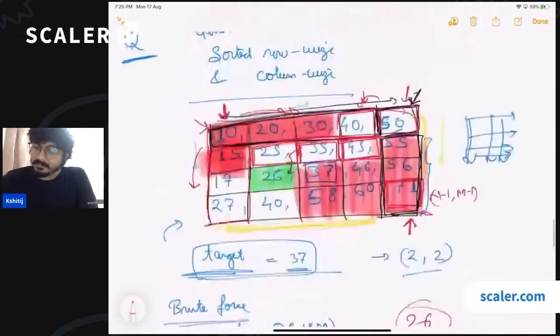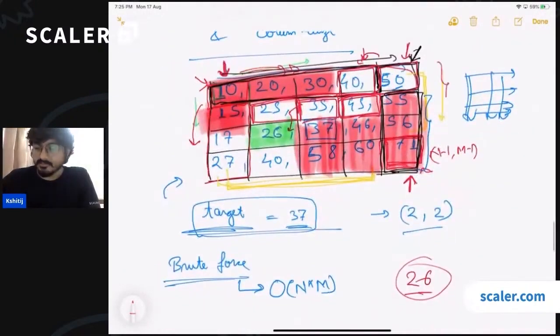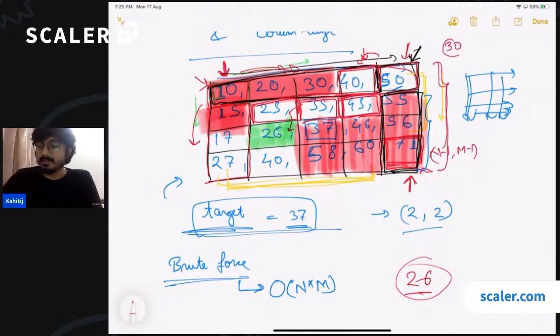Okay, Vijay, you can just try to see some example. Just try to dry run your approach on this matrix itself. You will find that chances of finding your element in every row will be there. So if, let's say, I have to find 30, 30 is smaller than all these numbers, right?